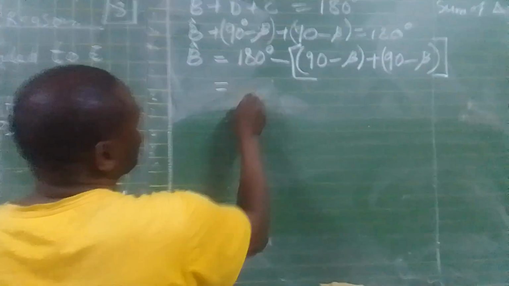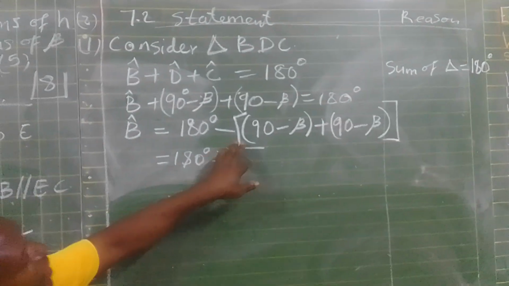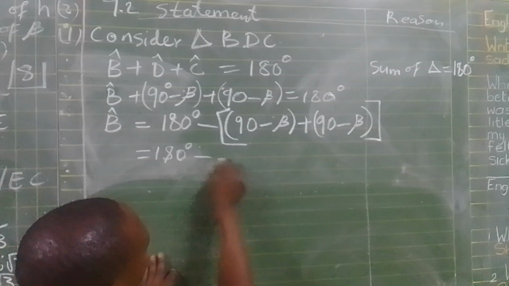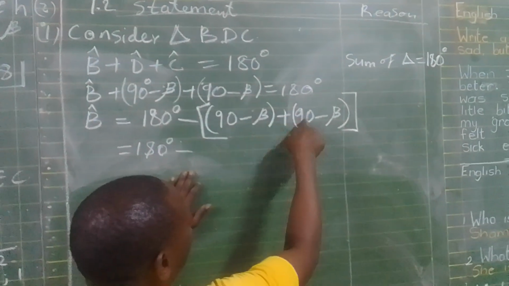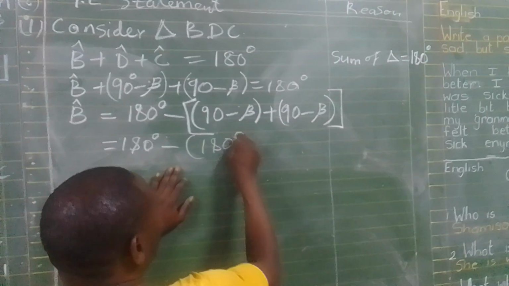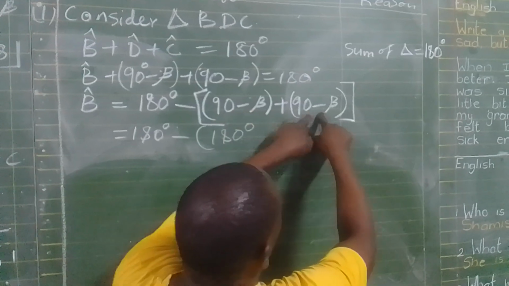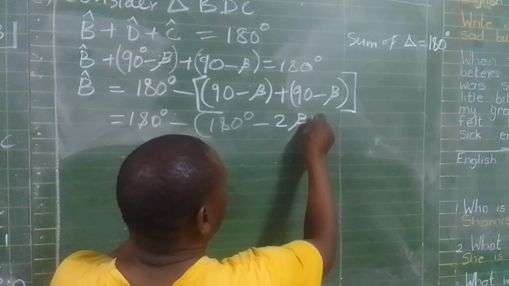Right? This is going to be 180 minus, when we check here, we're still having a minus. You are going to add 90 plus 90, you get 180 degrees minus beta, and minus beta is minus 2 beta.